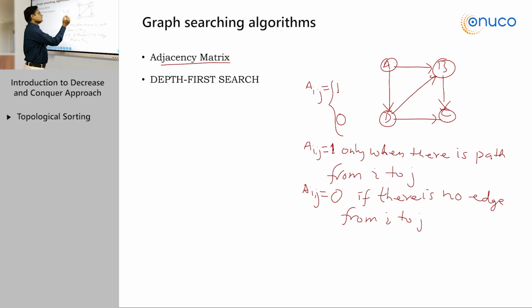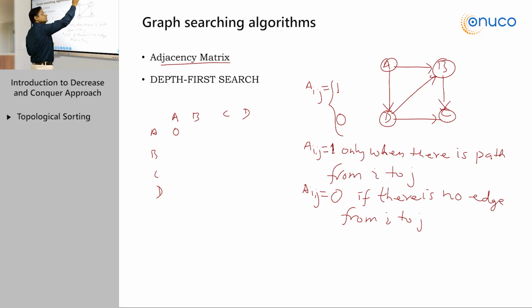In this particular case, if you want to write the adjacency matrix, you write A, B, C, D along the rows and A, B, C, D along the columns, which are the names of the vertices. Look, A to A is source to source, so we write 0.